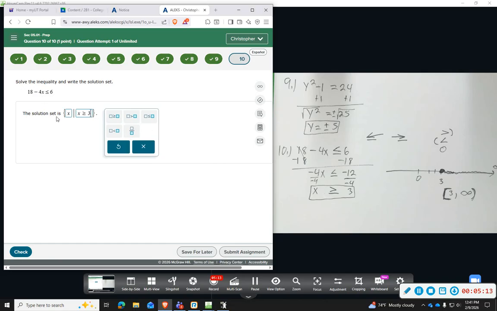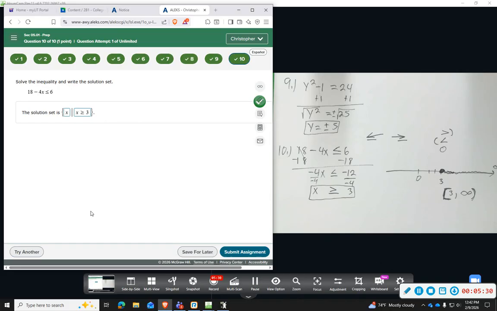So this is what set notation looks like. Whatever your variable is, you name it here. X is the variable, and this is working when, or such that, x is in this condition. X is greater than or equal to 3. And that'll be it.